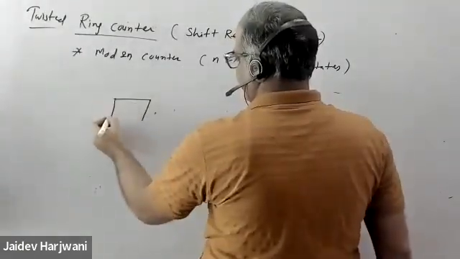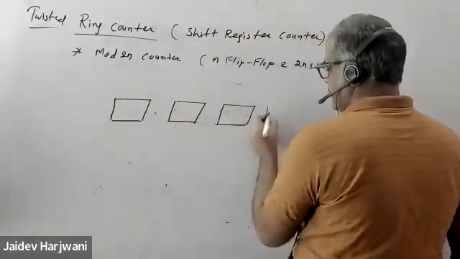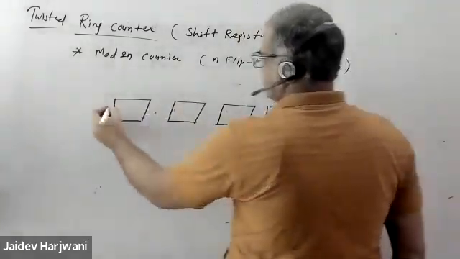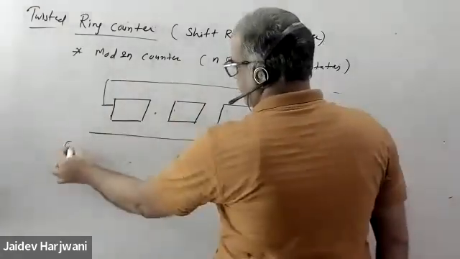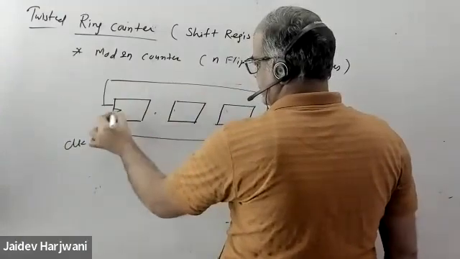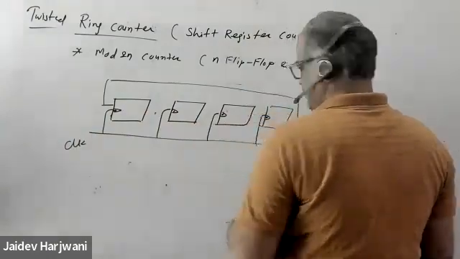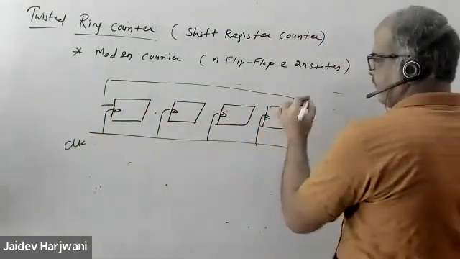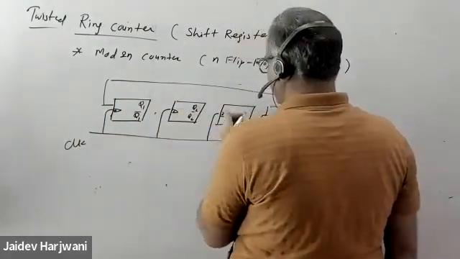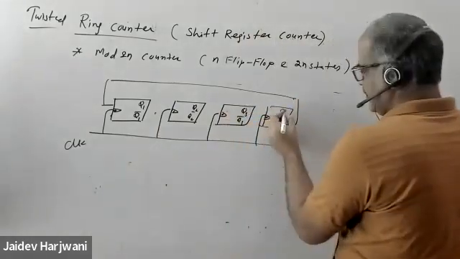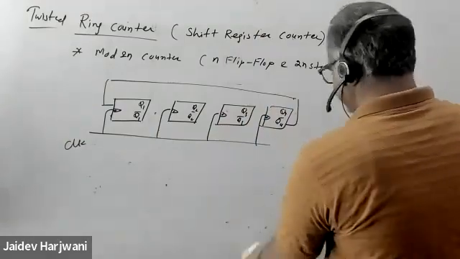We have flip flop 1, 2, 3, 4, and this is the clock. Now we have Q1 bar, Q2 bar, Q3 bar, Q4 bar.